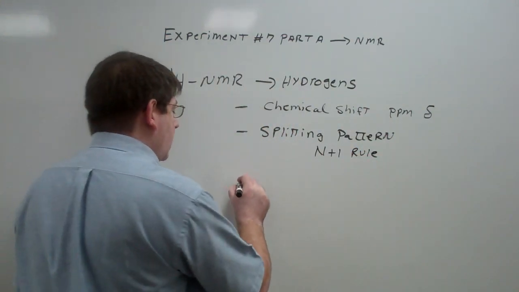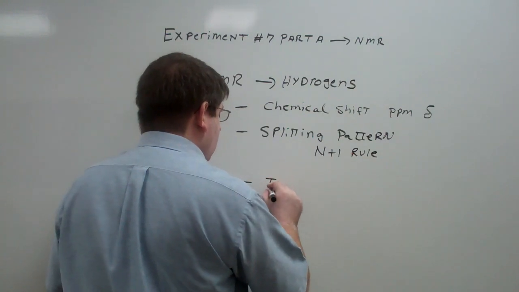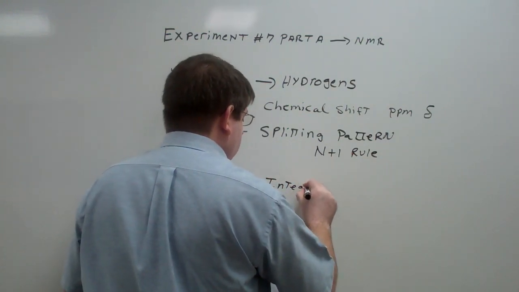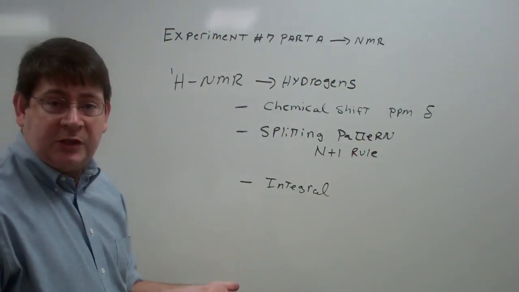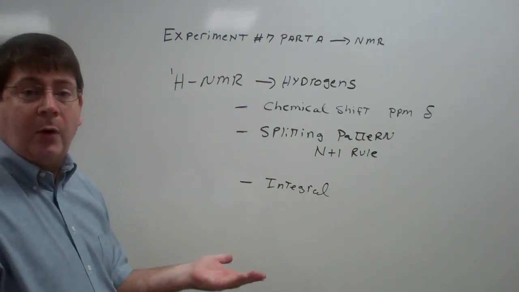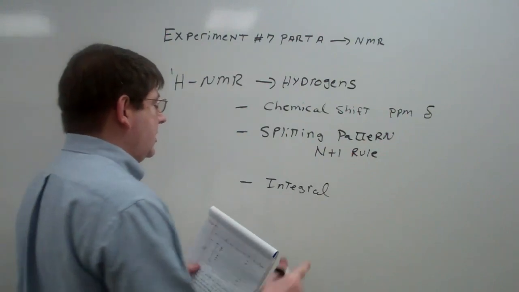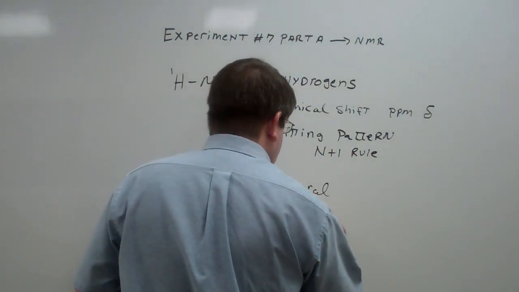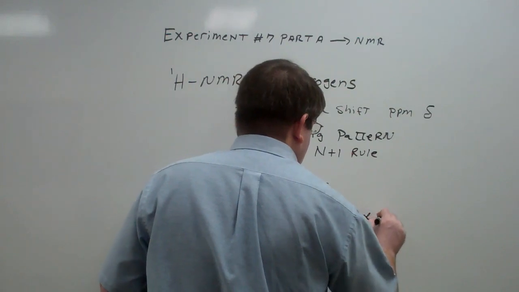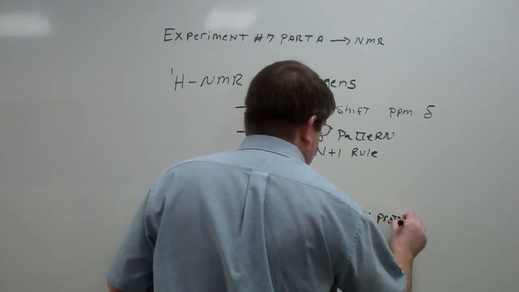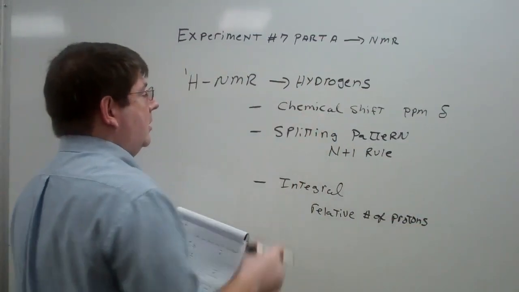And we can also get information known as the integral. And just like integration, when you were talking about GC, this tells us something about the number of protons. So this tells us the relative number of protons that give rise to that chemical shift.